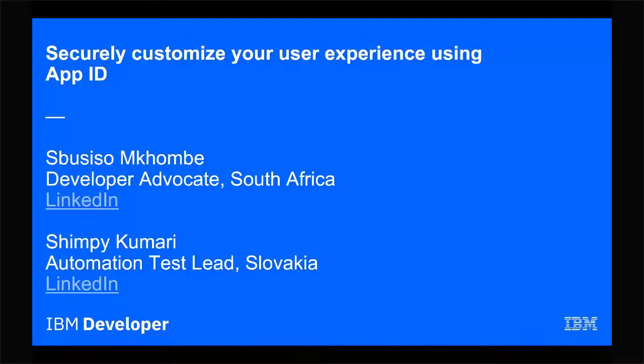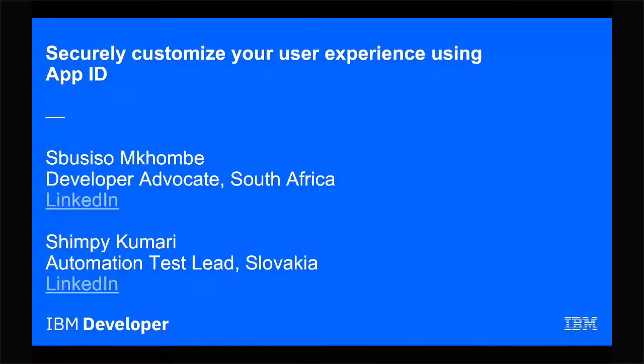Yeah, thanks, Ashna. Hello, everyone. My name is Shimpi, and I'm an automation test lead in IBM Slovakia. Today, I'm here with my colleagues Busiso and Ashna to talk about App ID. I am really passionate about talking about different technologies and sharing the experience and knowledge with you. So that's why I'm here. So let's get started.